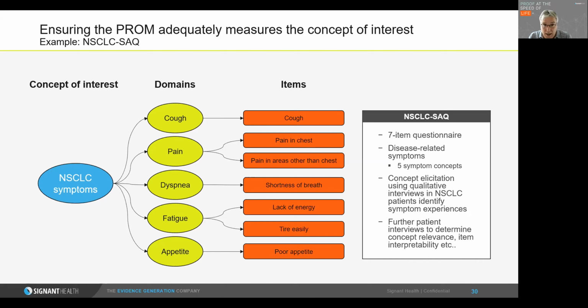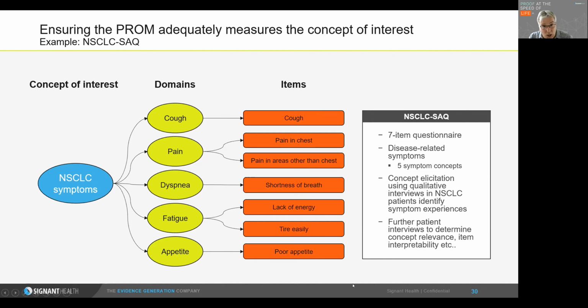And that questionnaire has been developed through patient research, doing concept elicitation studies with patients to figure out which domains should be measured and are important to the patient. And then further interviews and research, like Michelle had described, to make sure that the way those items are developed and worded conveys the right meaning and interpretation to the patients.